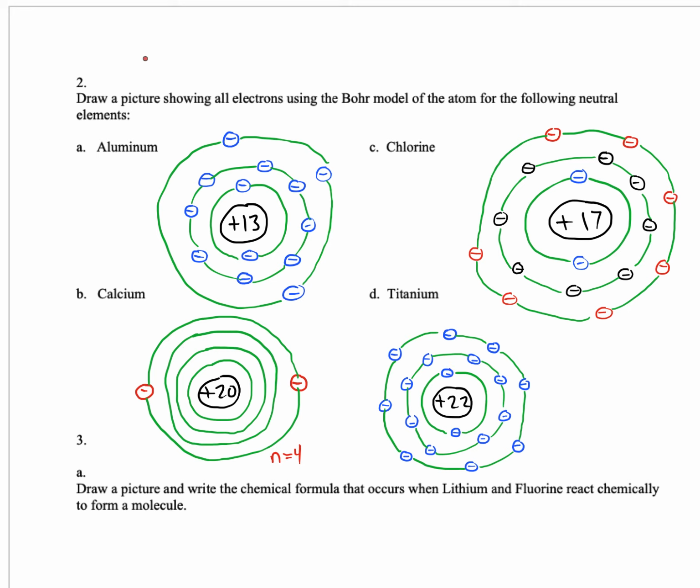With titanium, those 2 electrons will go there. They will go in the outer shell. But here's what's a little weird. The next 2 electrons do not go in the outer shell. They end up going in the third shell. So let's make room for them.